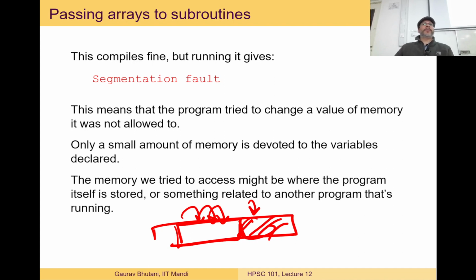So the operating system has to be careful that if your program has some memory available to you and you try to use something beyond that, that should not be allowed. Otherwise, you may end up changing something that PowerPoint was using and you may mess up something big time. So the OS will take care of that, and in that case, you get a segmentation fault. A segmentation fault will typically mean that you're trying to access a memory location that was not available to you.